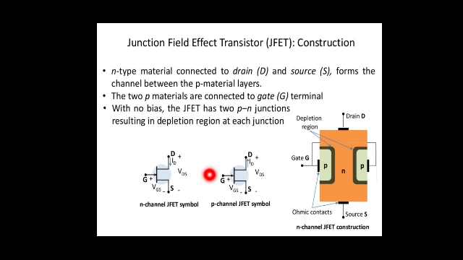Once again, if you are forward biasing a p channel JFET, you will have n type impurity and connect a negative voltage. If you are connecting a negative voltage, electrons will be repelled. If electrons are moving in this direction, what is the direction of current? The gate current Ig will be opposite to the flow of electrons.